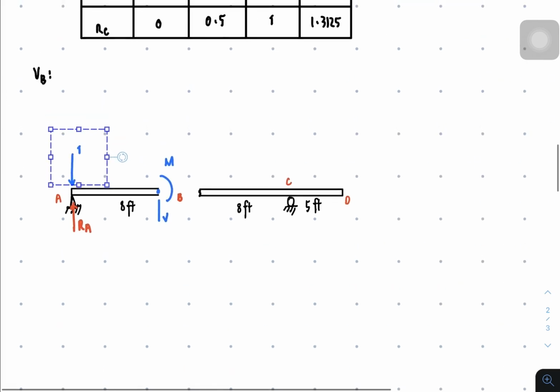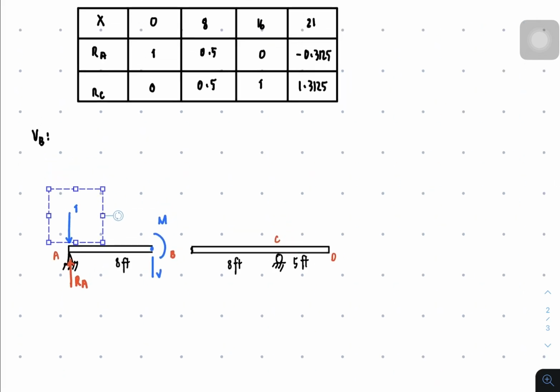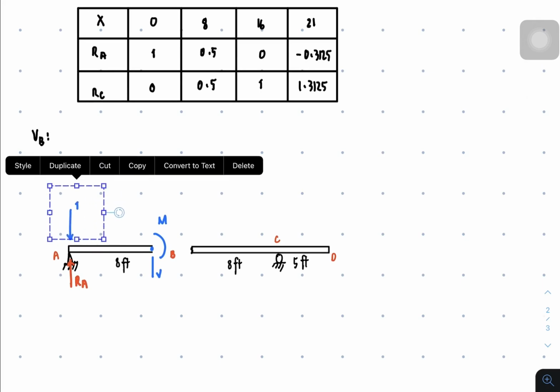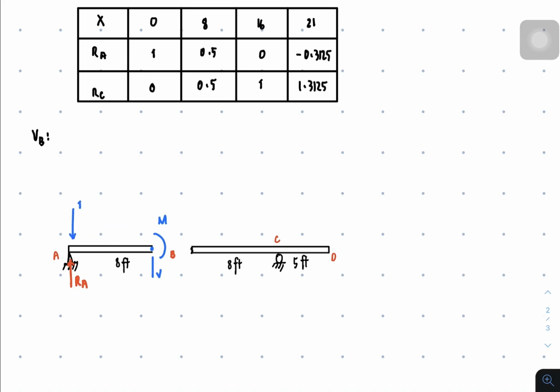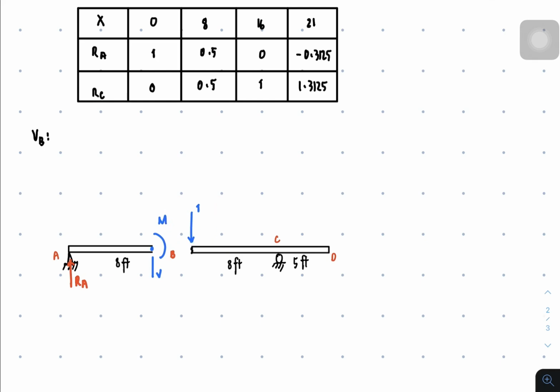Okay, so we're basically going to place this 1 unit load at every point, and then of course since you have RA, whenever the load is at point 0, and that's point A, it's going to give you RA equal to 1, right? And then whenever you place the load at B, then it's going to give you RA to be 0.5. And when you transfer the load to another B on the right side, because that's a point of cutting, then you would still be getting the RA.